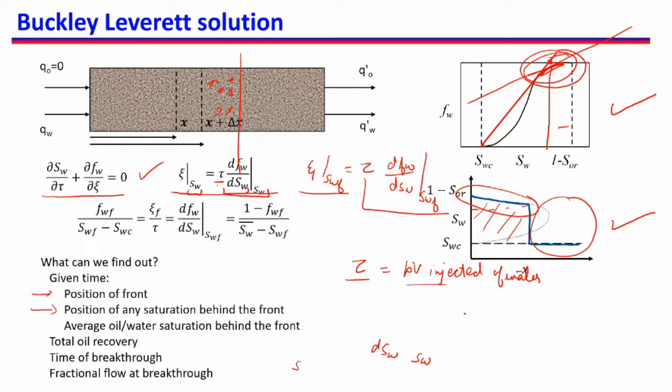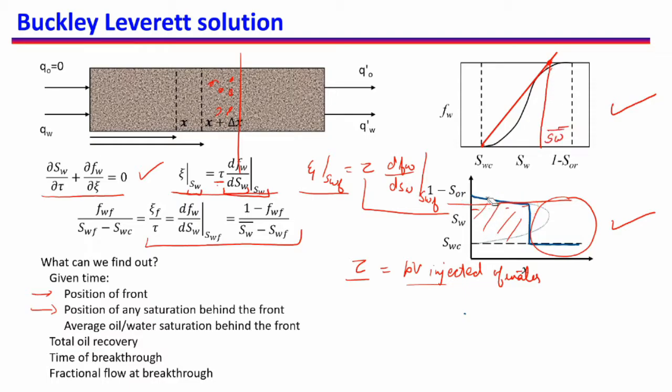Again, at a given tau, we can also find the average oil saturation behind the front. For that we will use this formula, or if we want to take the help of the curve, to find the average saturation behind the front, then we will extend this line, and wherever this line cuts is our SW bar.